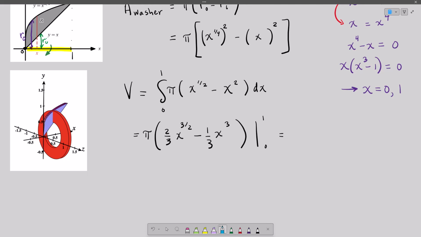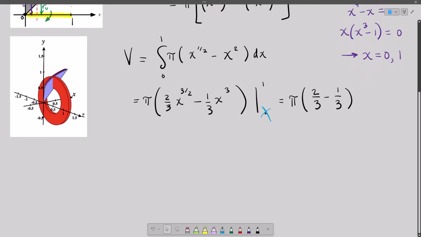Zero is not contributing any volume, so we don't really have to worry about that. We'll get pi, we get 2/3 minus 1/3. That's a great first problem. Shouldn't make a mistake with that arithmetic. So we end up with pi divided by 3 as our volume.